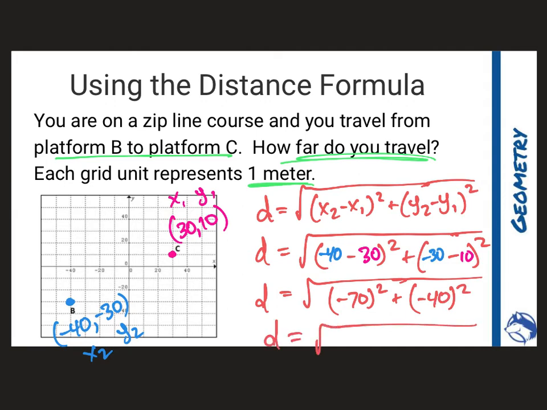So the distance is equal to these added together. So distance is equal to the square root of 6500, which, if I wanted to complete that, take the square root of it, and that's 80.6.